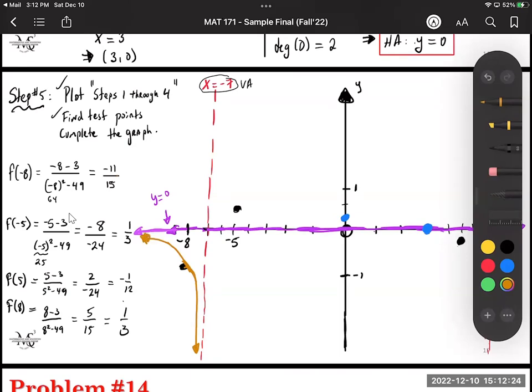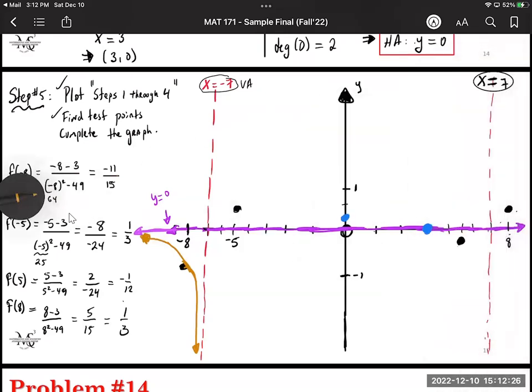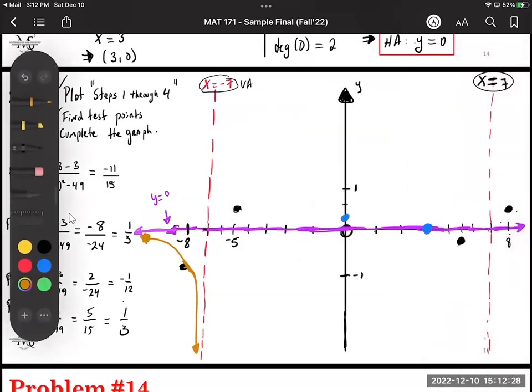Now, on the opposite end, you have the ordered pair (8, 1/3). That means that as you're approaching x equals 7 from the right, it has to increase without bound. So it gets really close to the vertical asymptote.